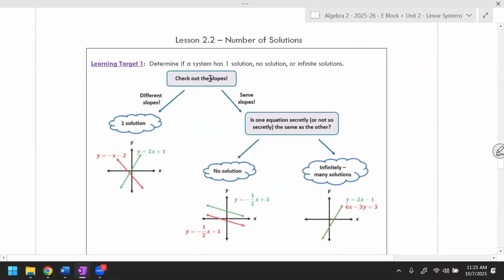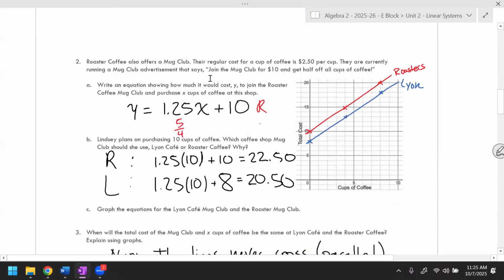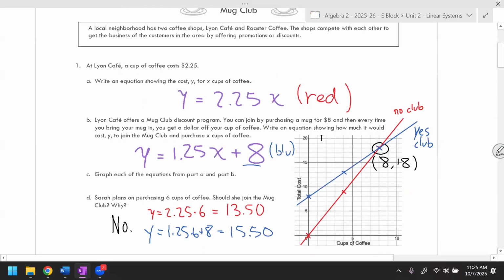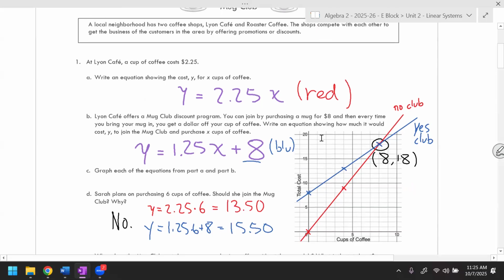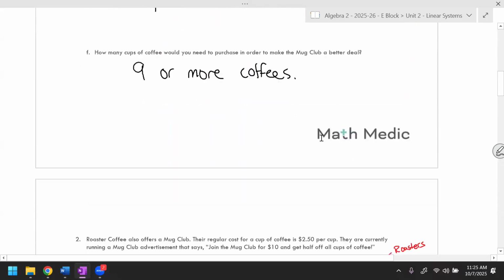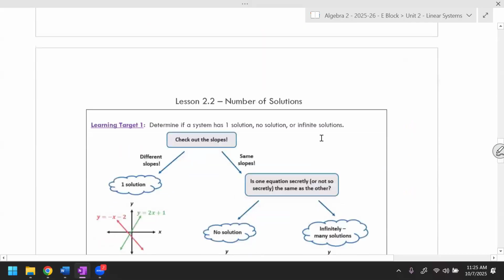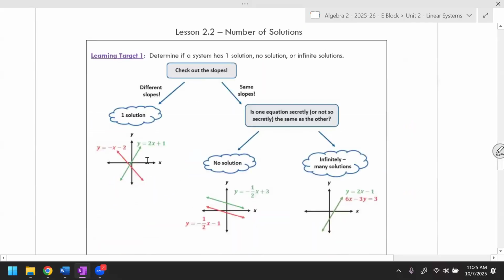If they have different slopes, like we had up here, they have to cross somewhere. I challenge you to draw two straight lines with different slopes that never cross. I don't think you can.